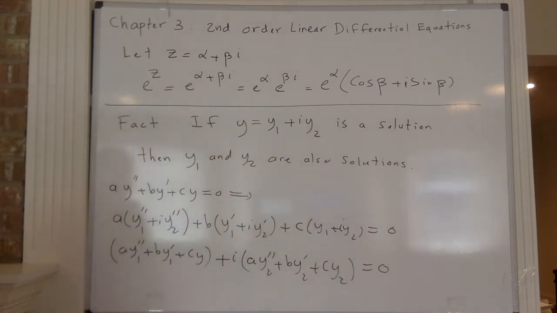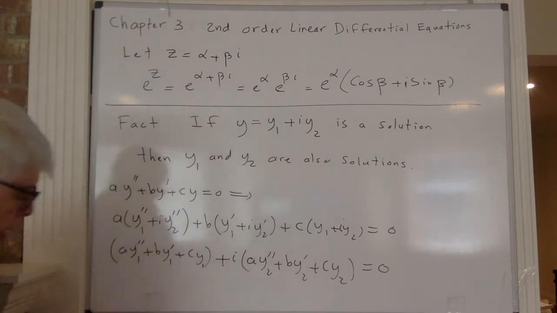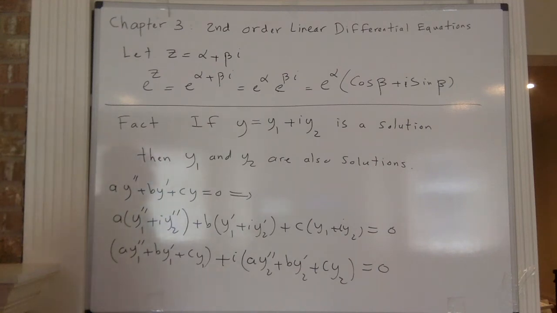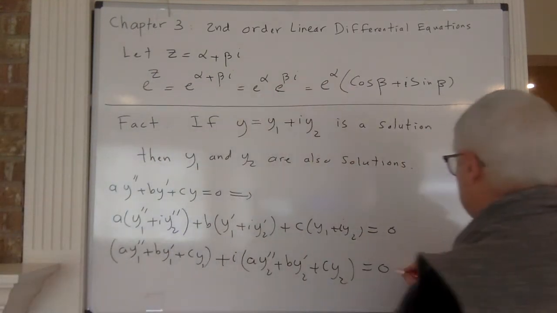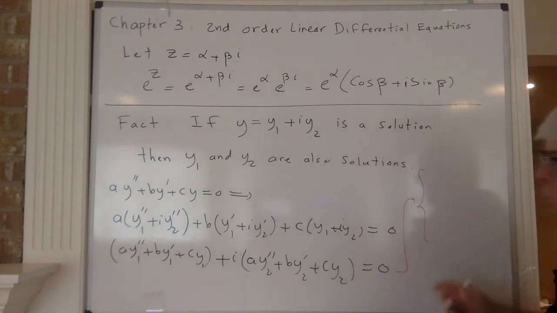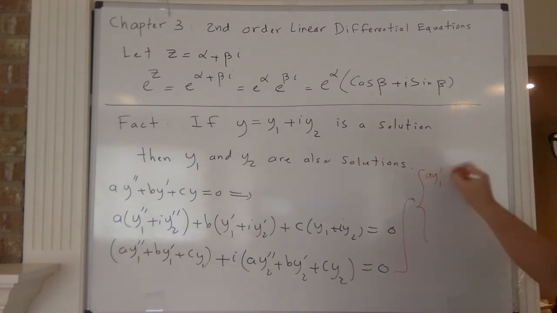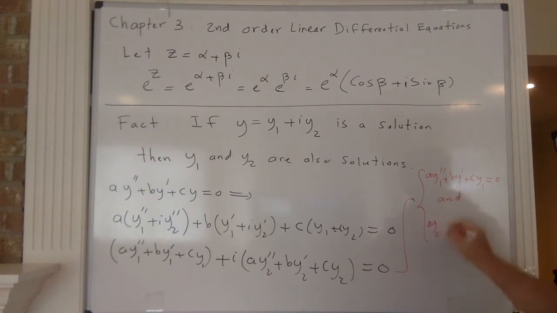Now from our knowledge of complex numbers, if a complex number is 0, then both the real part and the imaginary part should be 0. So both of them should be 0. a y1 double prime plus b y1 prime plus c y1 is 0, and this one is also 0: a y2 double prime plus b y2 prime plus c y2 equals 0.